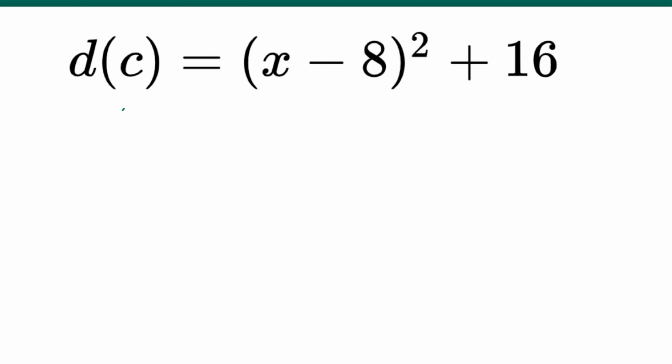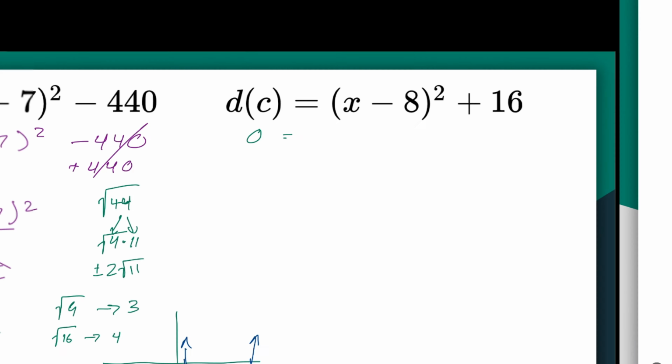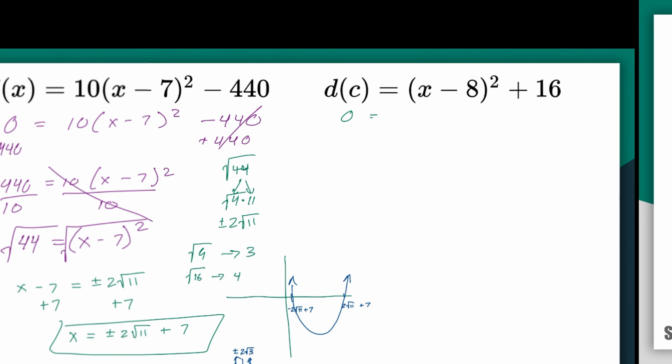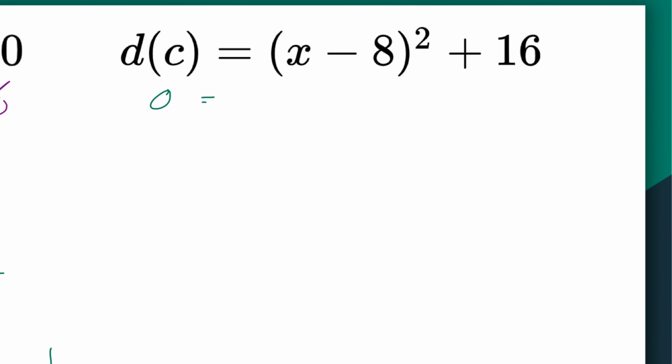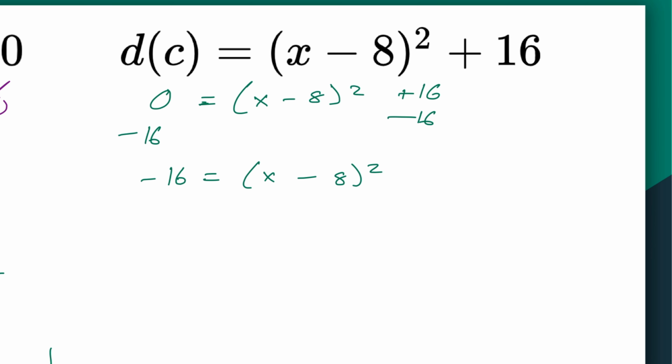Okay, so we're going to move on to the next problem. That was a pretty tough one, definitely one of the harder ones. So 0 is equal to x minus 8 squared plus 16. We're going to minus 16 from both sides. We get -16 is equal to x minus 8 squared. We square root both sides, right? We're going to get that negative, that imaginary number. That's totally okay.